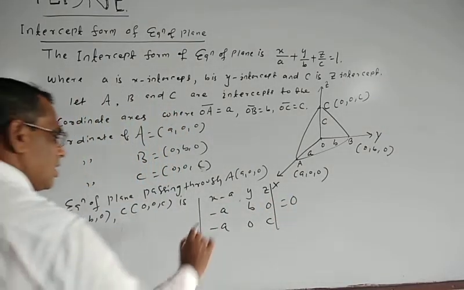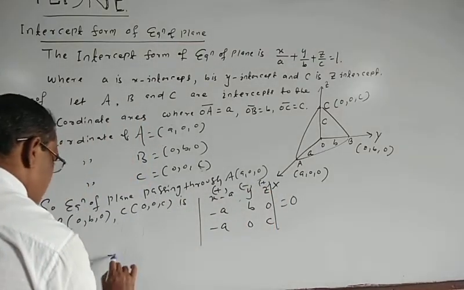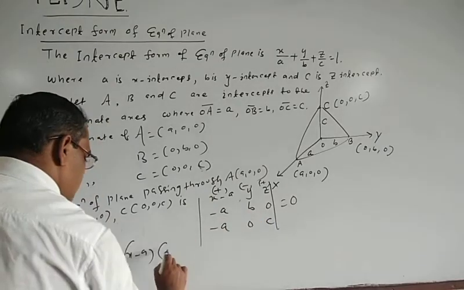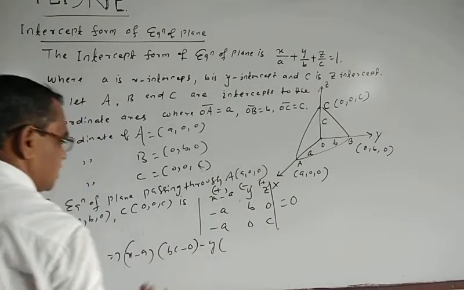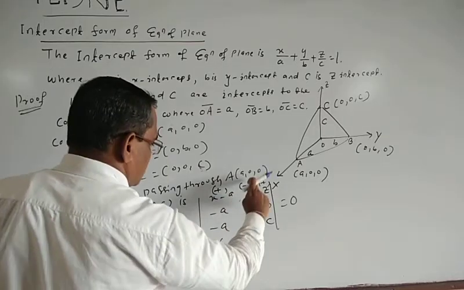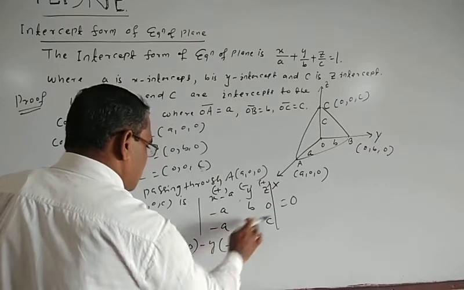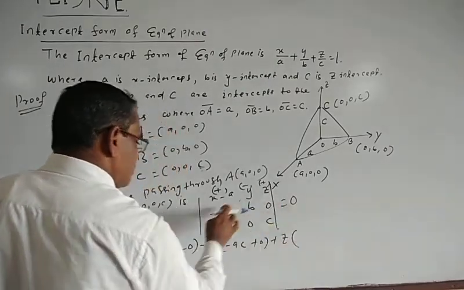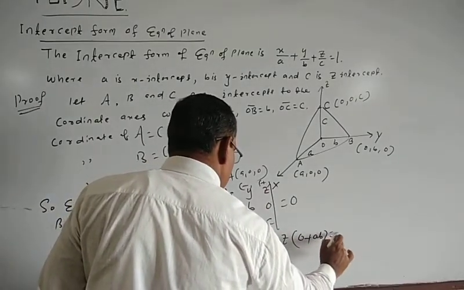Now expand, with signs plus, minus, plus. That implies (x minus a) into bc minus 0, minus y into (minus a into c minus 0), which gives plus yac, plus z into (0 plus ab), is equal to 0.